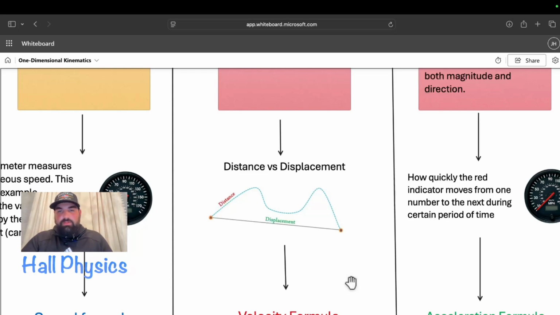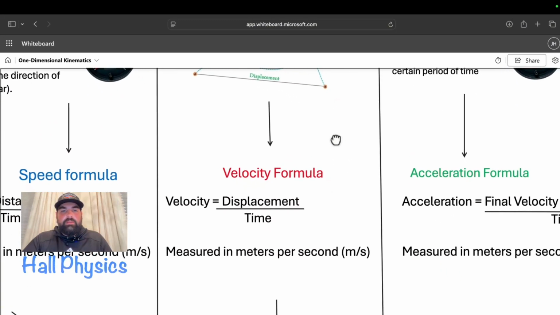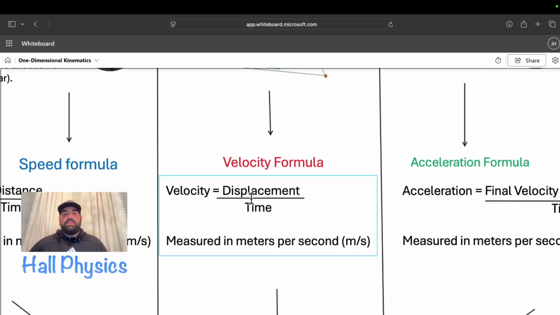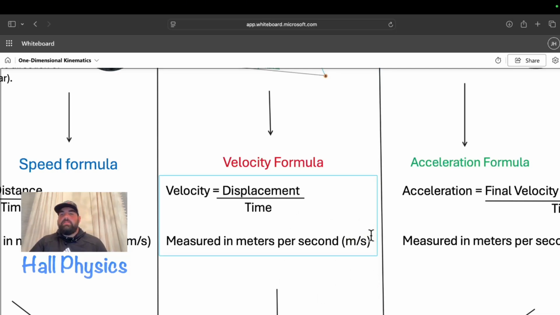Okay, so the velocity formula is very similar to the speed formula. Okay, it's going to be velocity equals displacement over time. Okay, and it's going to have the same unit of measurement as speed. Okay, it's going to be meters per second.